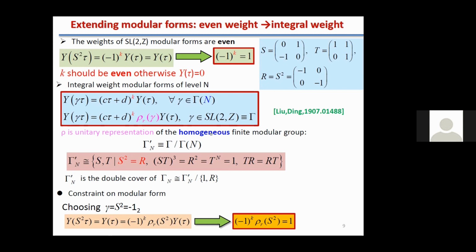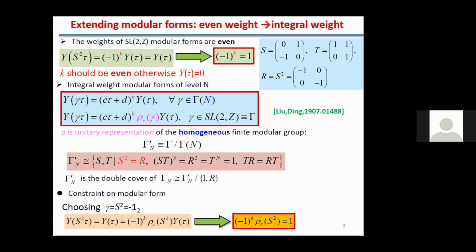The homogeneous finite modular group is also defined as the quotient of SL(2,Z) over the principal congruence subgroups. The difference is that S squared is not equal to 1. It is -1. This is the difference between the homogeneous finite modular group and the inhomogeneous finite modular group.